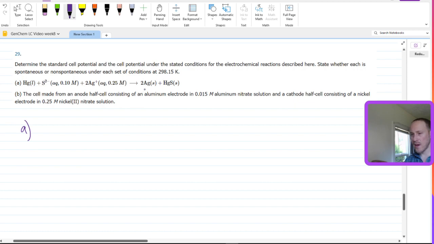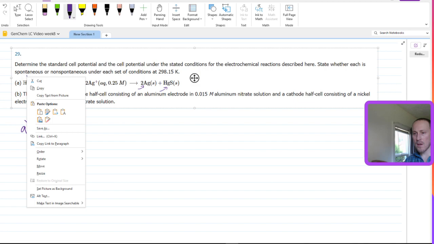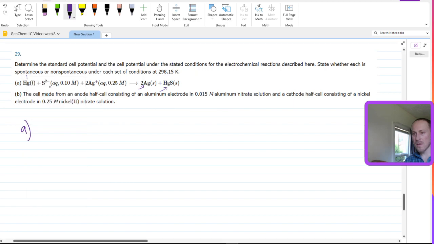It looks like we have solid silver, some sort of solid mercury sulfide, interesting, with liquid mercury, and these sulfides, and we have, okay, silver cation.